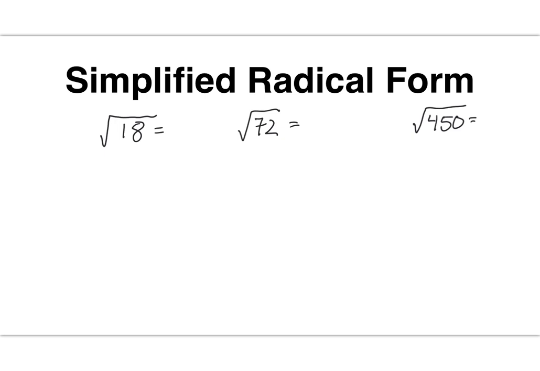All right, square root of 18. Simplified radical form is saying, if I take 18 and split it into two square roots that multiply to 18, there's a lot of choices you could make. But what you're looking for is convenient numbers. That is, is there a number that I know the square root of?